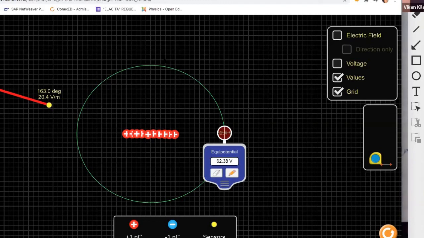What kind of an equation does that look like to you guys? Does that look like a circle? It looks more like an ellipse, right? Because this distance from here to here, the distance from here to here, 150.